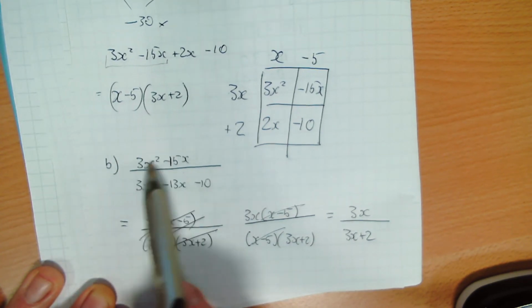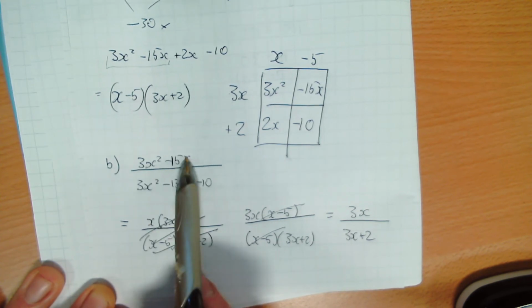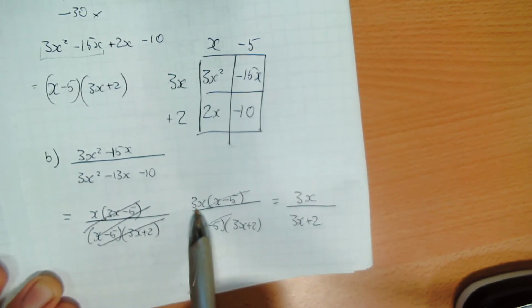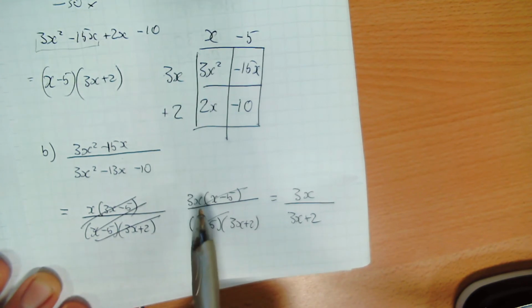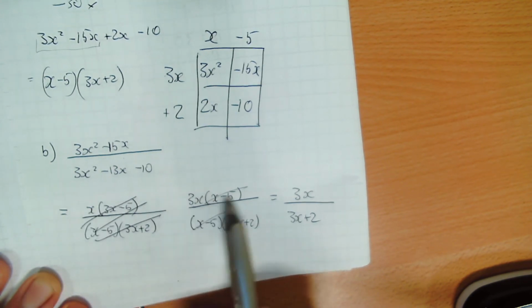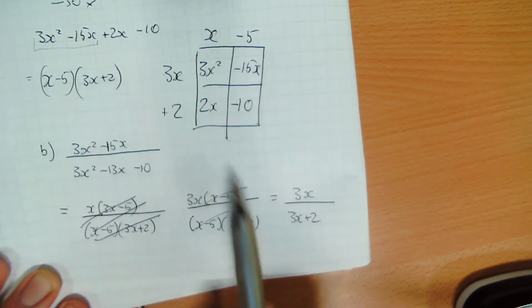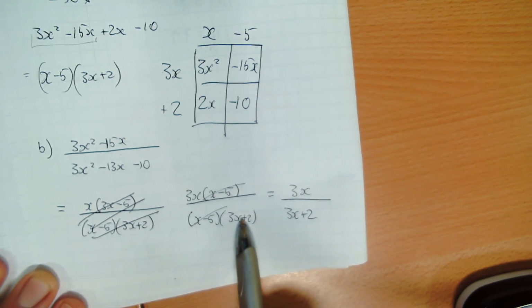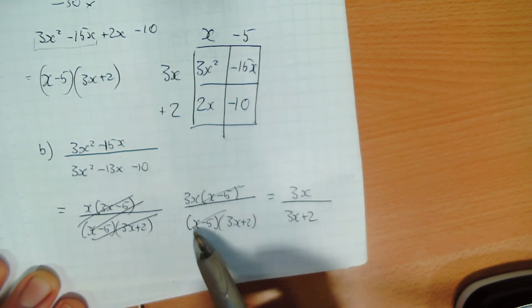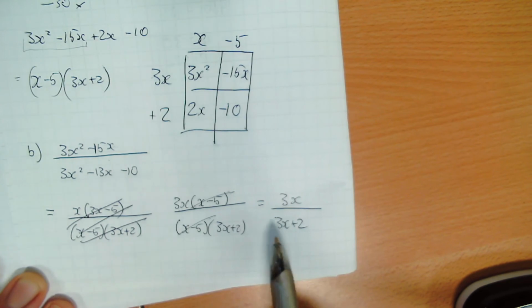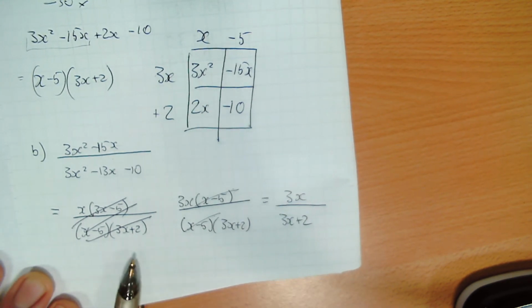The numerator is just a two-term quadratic, so I can just take out a factor of 3x. So it factorises to 3x times x minus 5. The denominator I've already factorised, x minus 5, 3x plus 2, and then I can divide both sides by x minus 5 to end up with 3x over 3x plus 2. So forgive my mistake, but this is the correct answer.